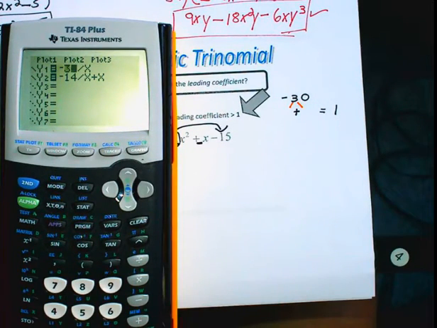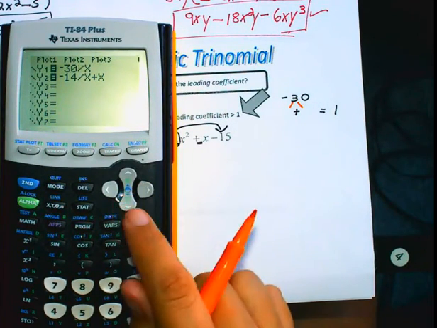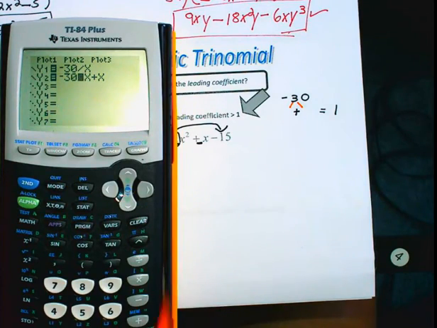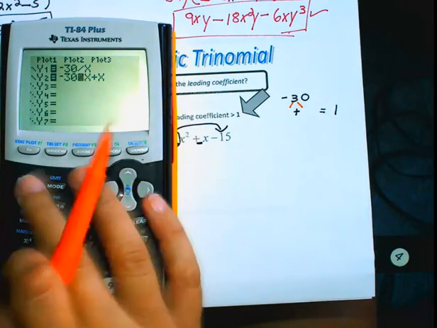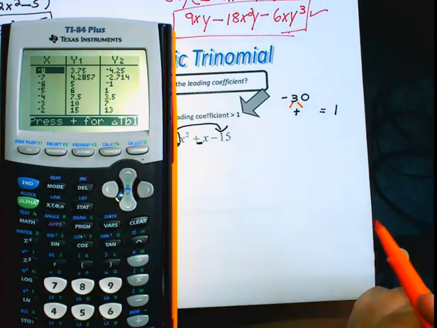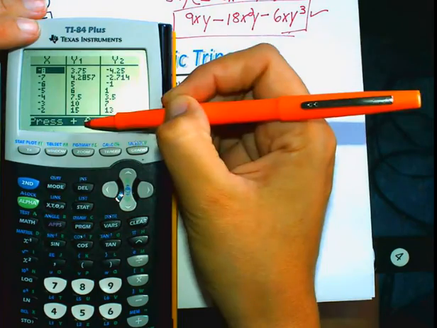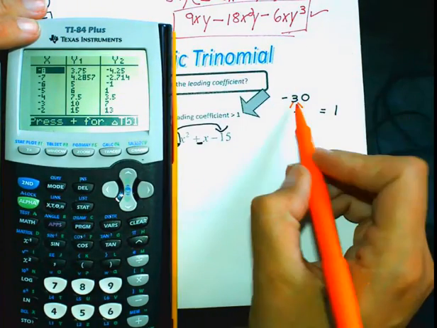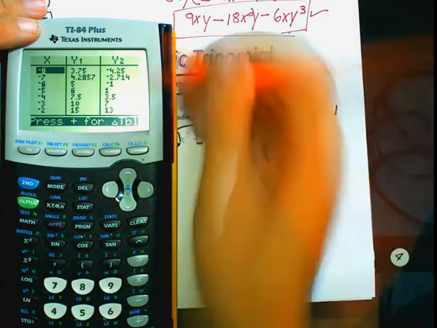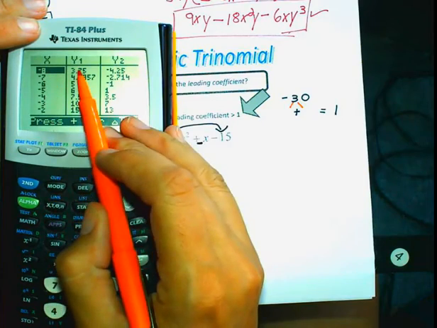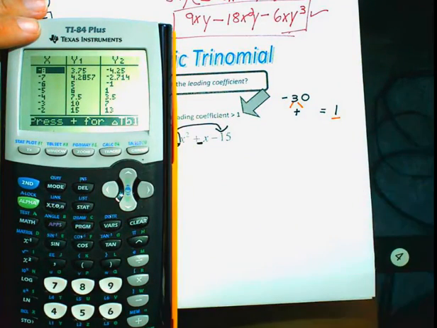So negative 30 divided by x, and then negative 30 divided by x plus x, second graph. All right, again, we've got x, y1. They multiply together to get negative 30. This last column is x plus y1. And remember, we're looking for positive 1.